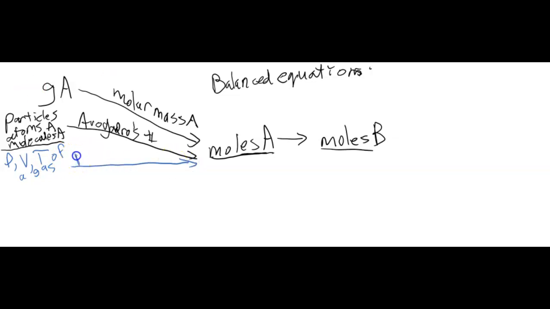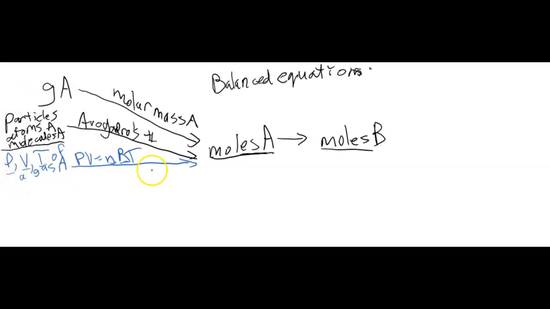Remember, the ideal gas law is PV equals nRT, and R is a known value. So we can solve this equation for n, the number of moles. Once we know the number of moles of the gas, that will give us the moles of A. So if A is a gas, we can use that to find the moles of A.